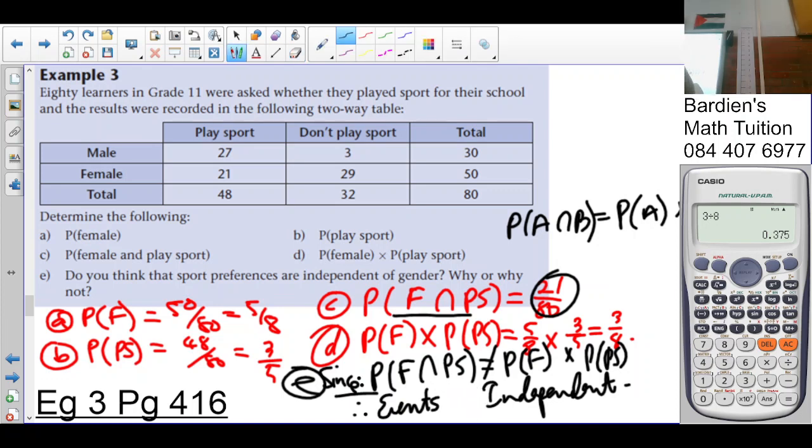Sorry. Events are not independent. Okay. Because if they were equal, the events are independent, which means to say they're not depending on each other. Whereas in this case, the events are not independent, or we can say they are dependent on each other. Okay.